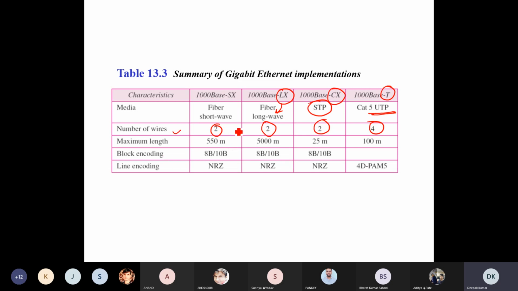The maximum length of the respective implementations is 550 meters, 5000 meters, 25 meters and 100 meters.